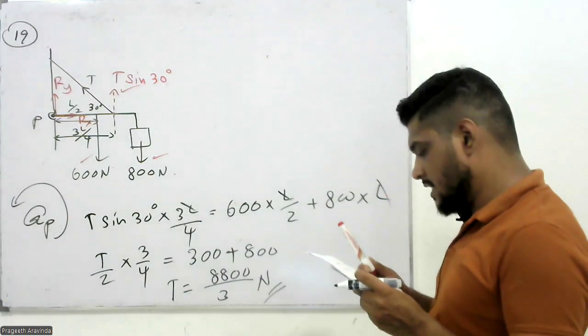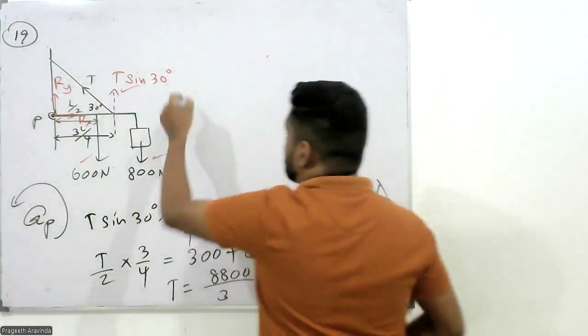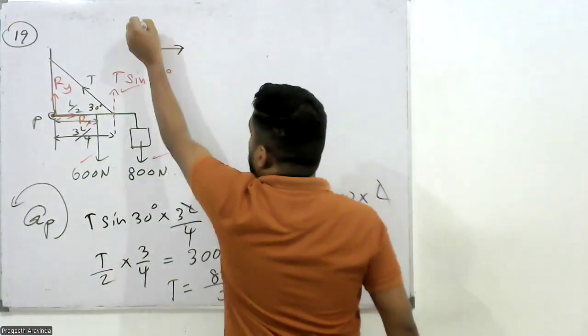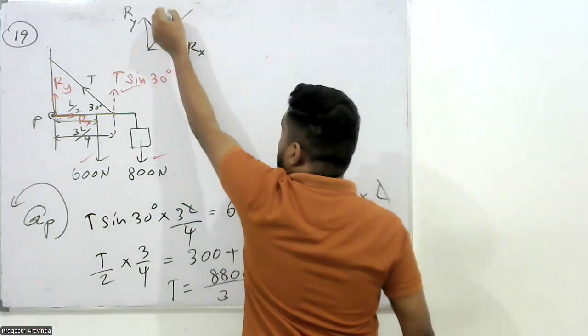So you need to find the reaction as well. If the reaction is one, you have to find Ry, then find Rx, then find the total reaction.